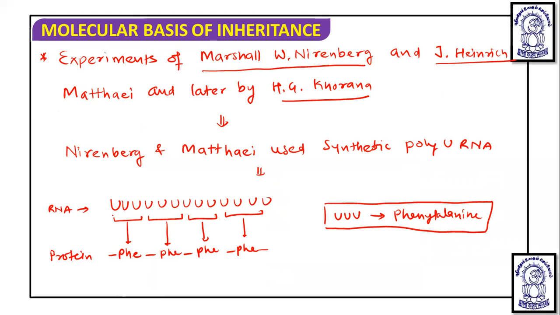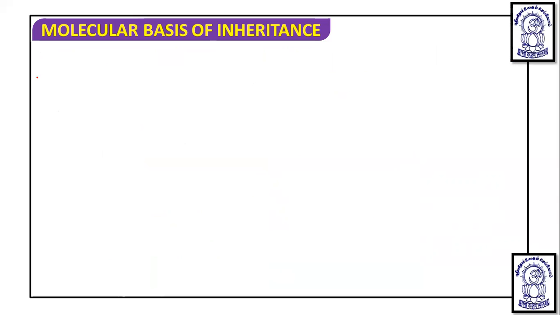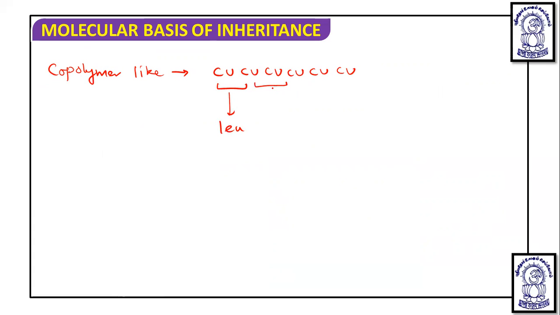And then they prepared copolymers like CUCUCU, and then he deciphered the codons: CUC codes for leucine and UCU codes for serine.